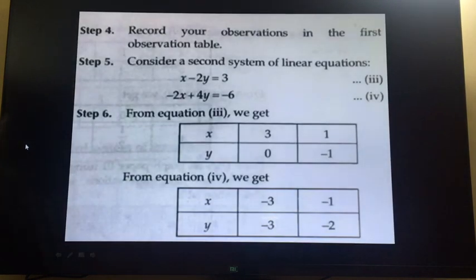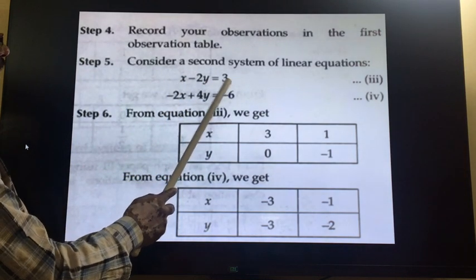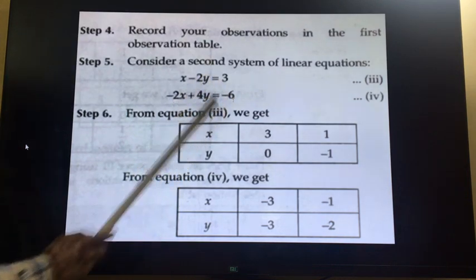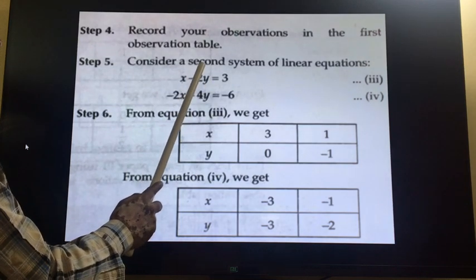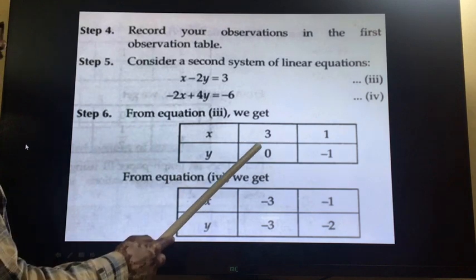After this we will plot the graph for the second condition. For that we will take these two equations: x minus 2y is equal to 3 and minus 2x plus 4y is equal to minus 6. Now from the first equation you can find the value of x. So x is equal to 3 plus 2y, and put the value of y is equal to 0.